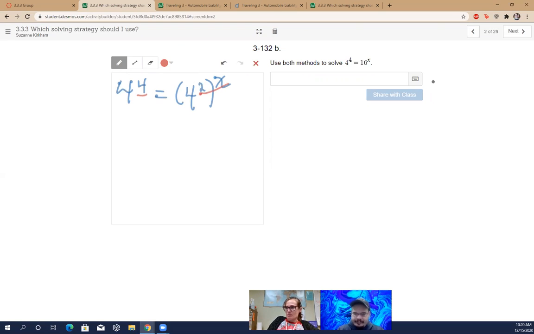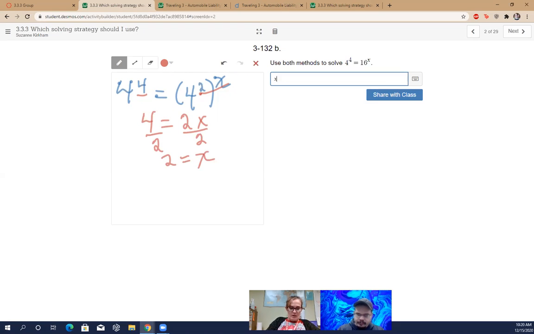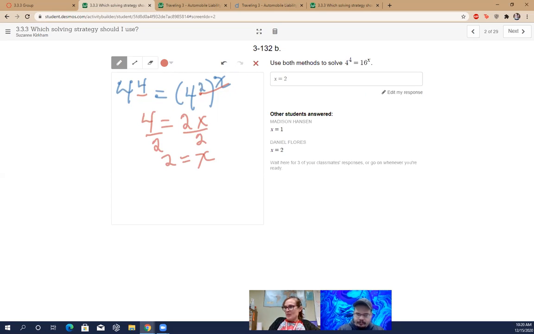So the base is the big number and the powers are the little number. So we'll say 4 equals 2x, and then we can just solve for x. Okay, so there's one way, x equals 2.